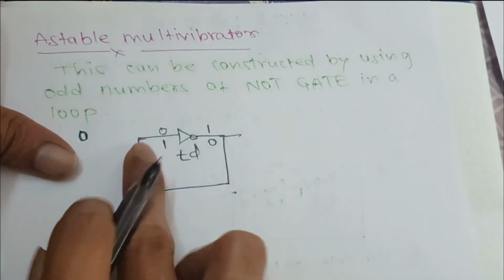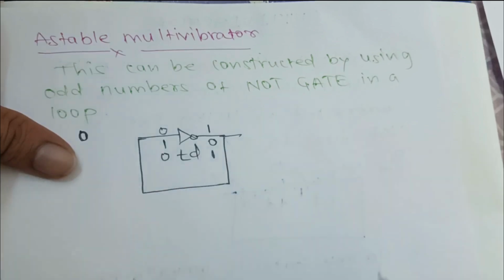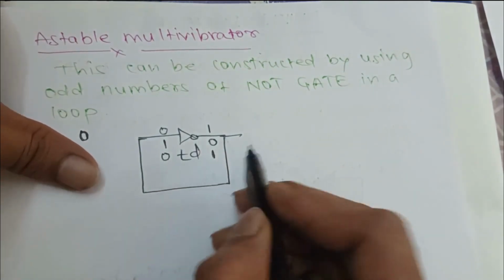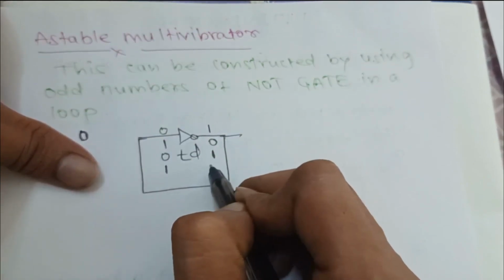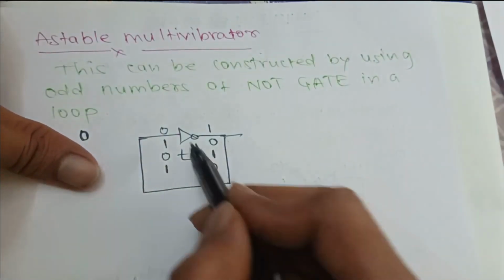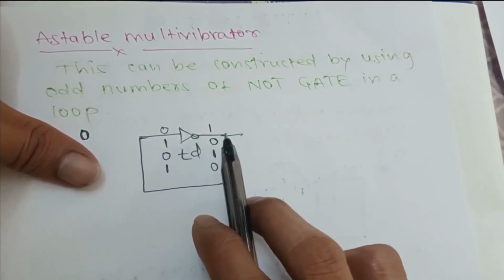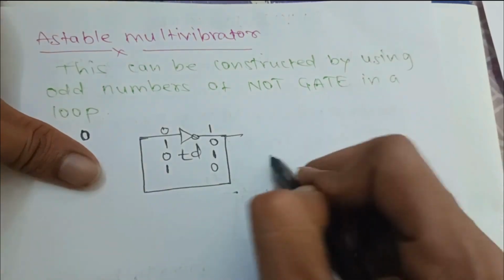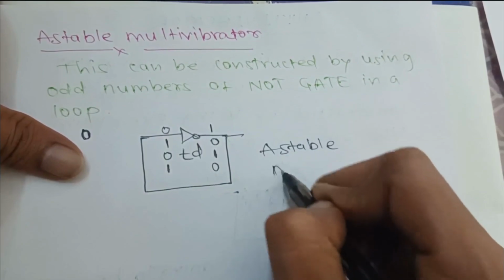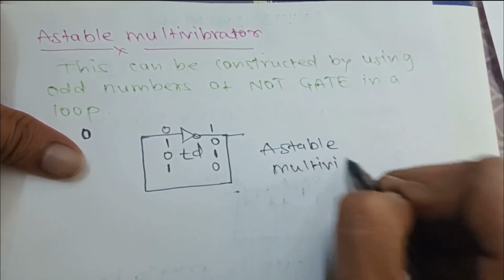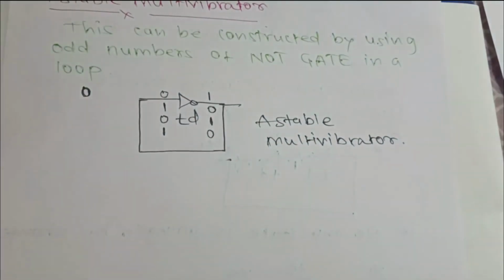Then 0 is given as input to itself and we get 1, and again 1 gives 0. You can see there is no stable state. It is frequently changing its state, so it is an astable multivibrator. Hope you got this.